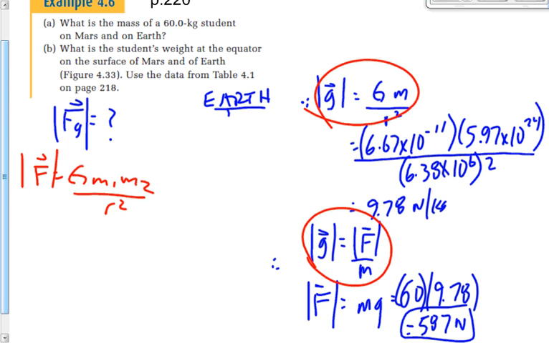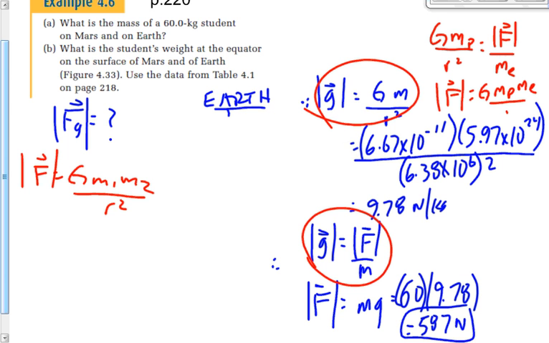G times the mass of the producer over the radius squared, divided by the force over the mass of the experiencer. Let's rearrange that. We end up getting G M1 M2 over r squared. So we did it separately by using fields. We could have done it combined using the force equation. It doesn't matter. They all work together.